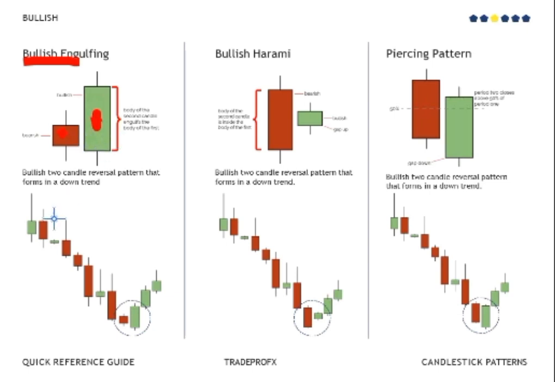When we see it in a downtrend, the sellers have started to weaken, and the trend shows a potential uptrend. So I hope we have understood that when you see this candlestick completely engulfed by this bullish candlestick, it shows a shift in momentum from sellers to buyers.